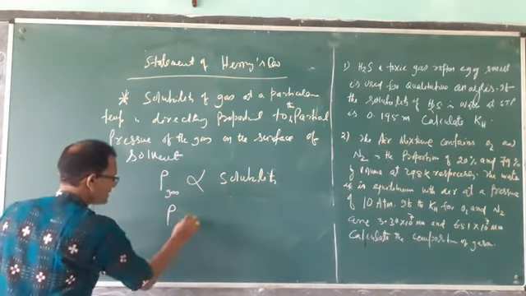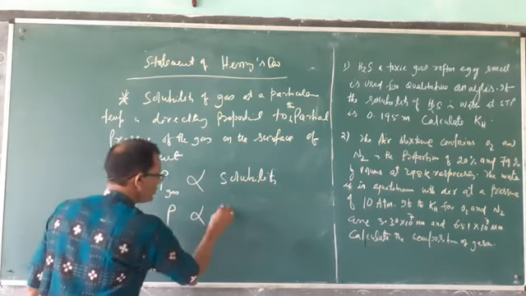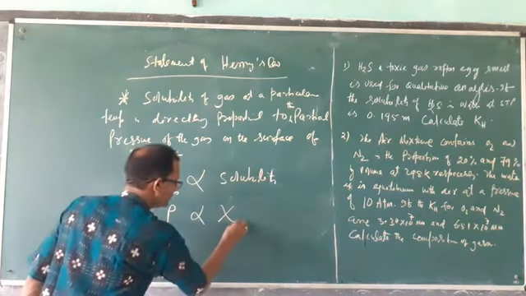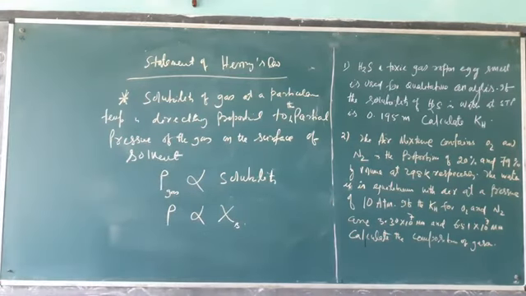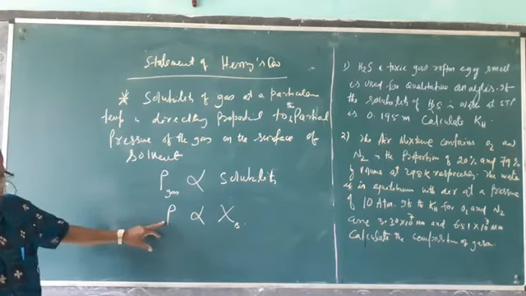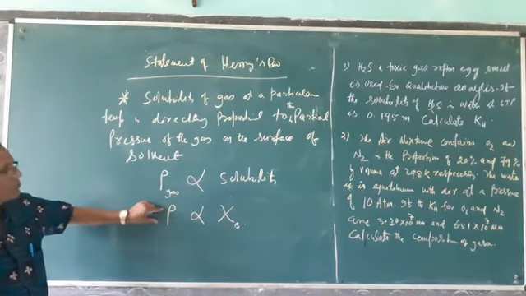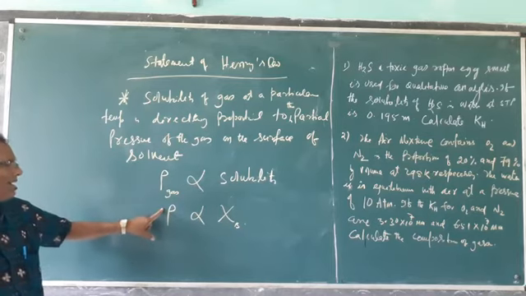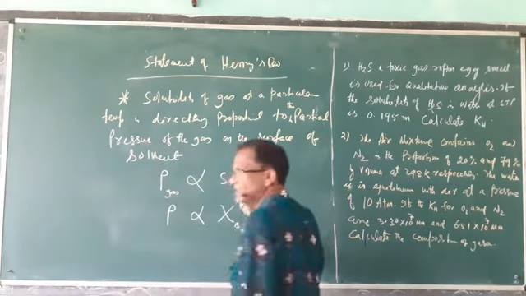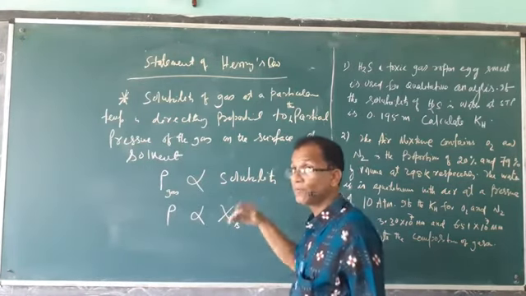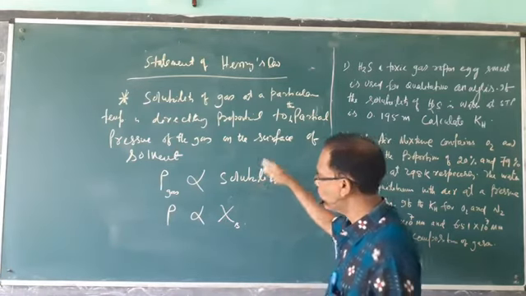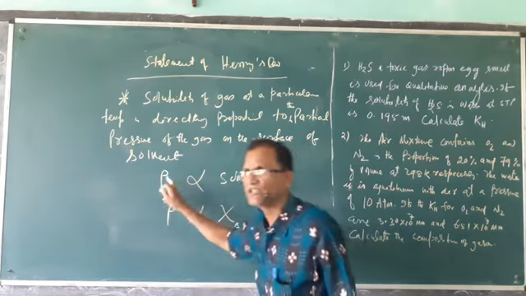So pressure is directly proportional to the mole fraction of the solute. You can write B, B is the solute. So pressure means partial pressure. Partial pressure of gas on the surface of the liquid is directly proportional to solubility. Here solubility means the amount of gas dissolved in water. So more gas will dissolve if pressure is more.